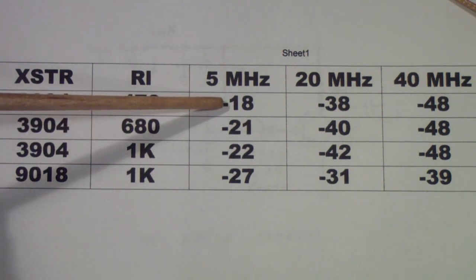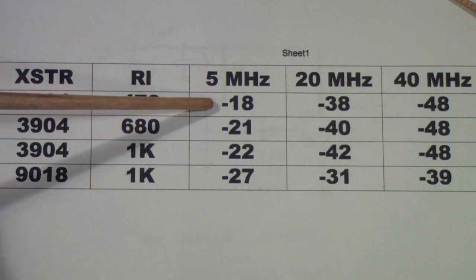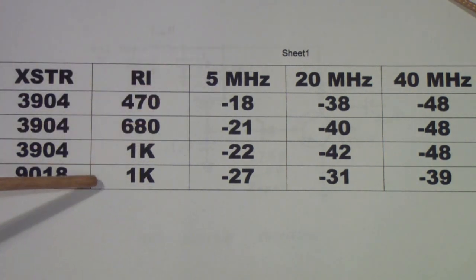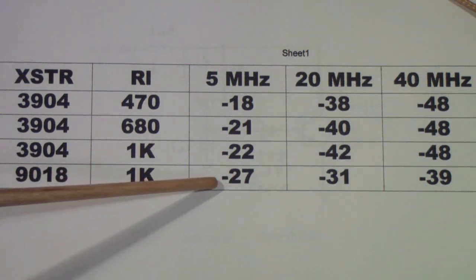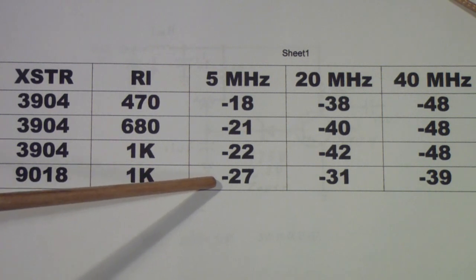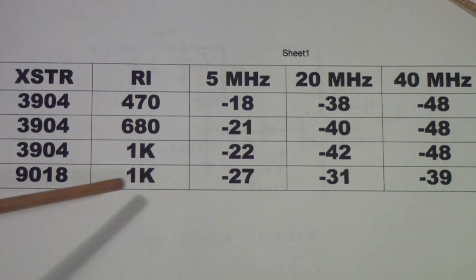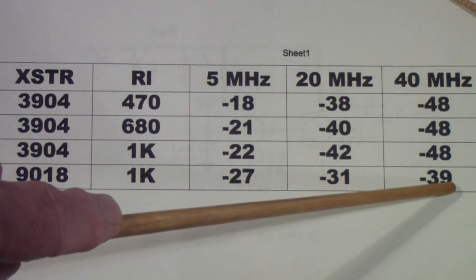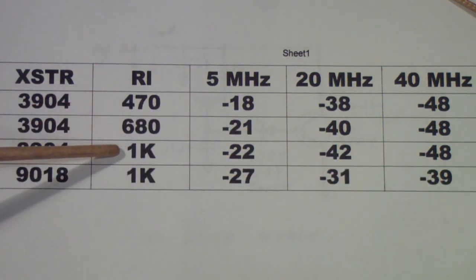You get a fair amount of noise at 5 megahertz, and you may notice when we get down here to the 9018, you get a lot less noise at the low frequency. But in a second we'll look at these numbers, and you'll see that the advantage of the 9018 is you get a lot flatter response. So 470, 680, and 1K.